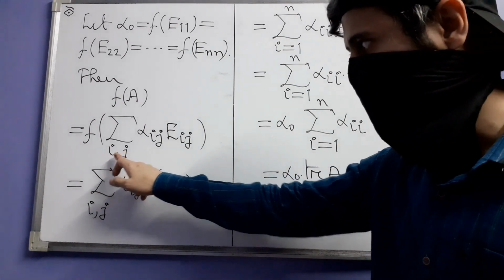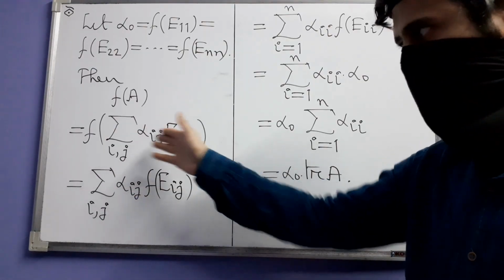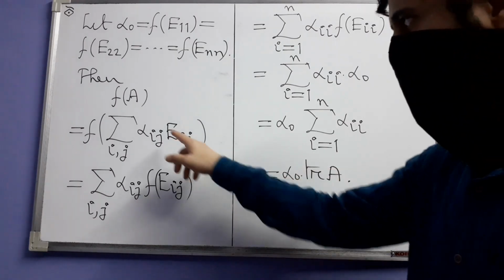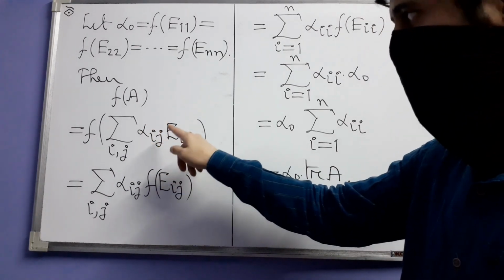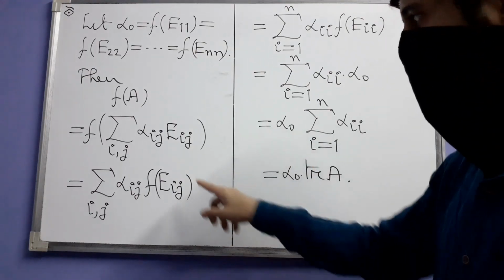So that's why there are two indices in this sum. You can view it as a double sum also. And in fact, the coefficients are nothing but the entries of A, the alpha ij's.